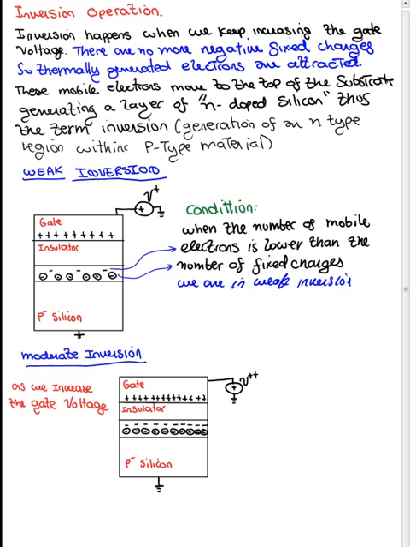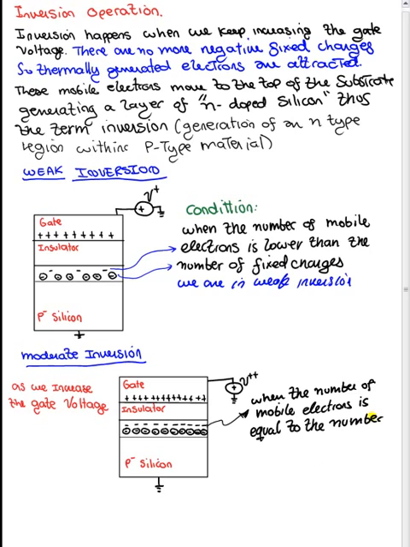That's the condition for moderate inversion. So let's write that down really quick. When the number of mobile electrons is equal to the number of fixed charges, we are in moderate inversion.